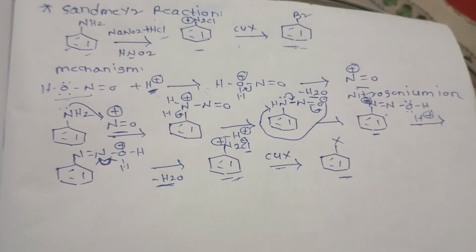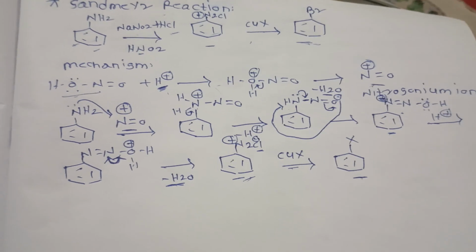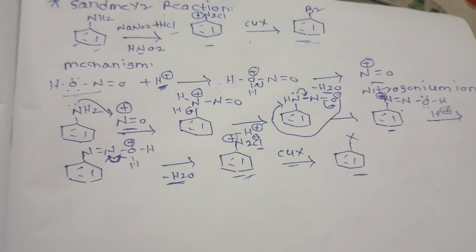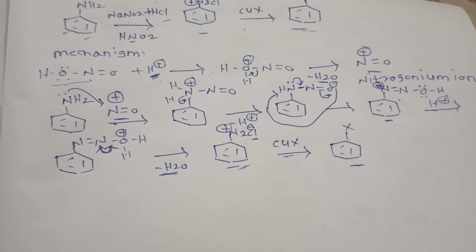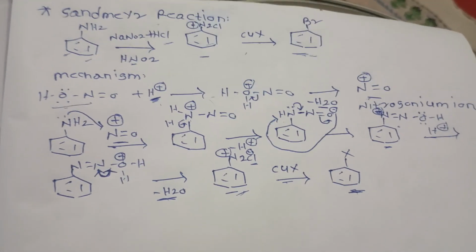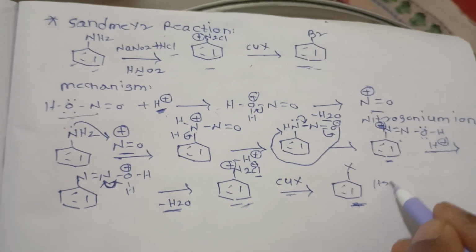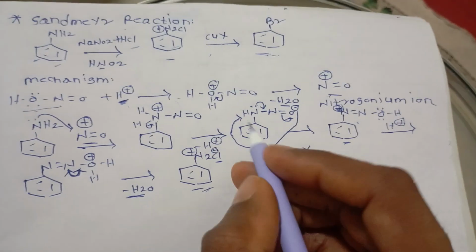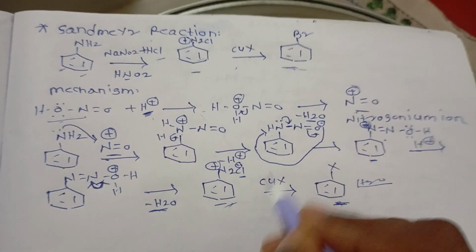If someone asks you what is the intermediate of the Sandmeyer reaction, you can tell them the diazonium salt is the intermediate of the Sandmeyer reaction. And the products we mostly get in Sandmeyer reactions are haloarenes. Okay, haloarene compounds we get. This is the Sandmeyer reaction.